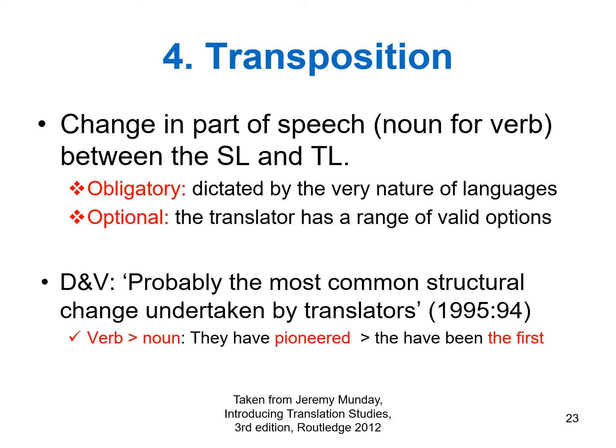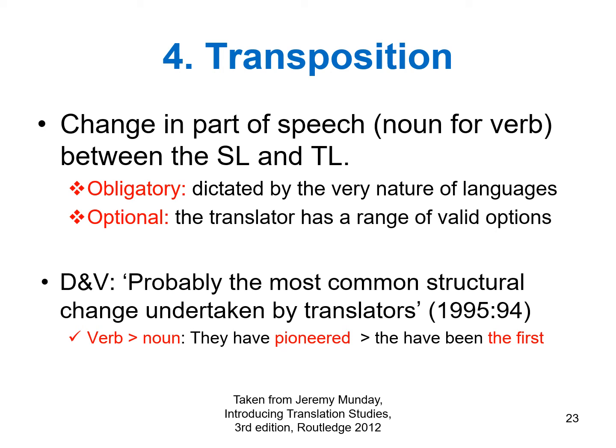When it comes to obligatory transpositions, these are dictated by the very nature of the languages as such, as we are reminded by Vinay and Darbelnet. They could be optional when the translator has a range of valid options in the target language. So, according to, quote, Vinay and Darbelnet, probably the most common structural change undertaken by translators is transposition. Verb replaced by a noun.